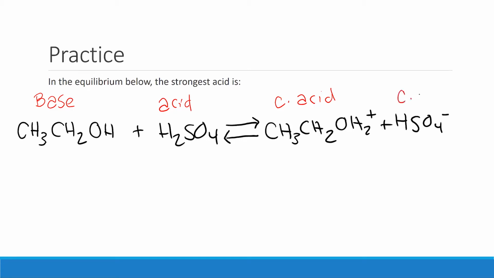And this is our conjugate base. Okay, so we want to compare between these two, the acid and the conjugate acid of the two acids, which is the strongest acid.